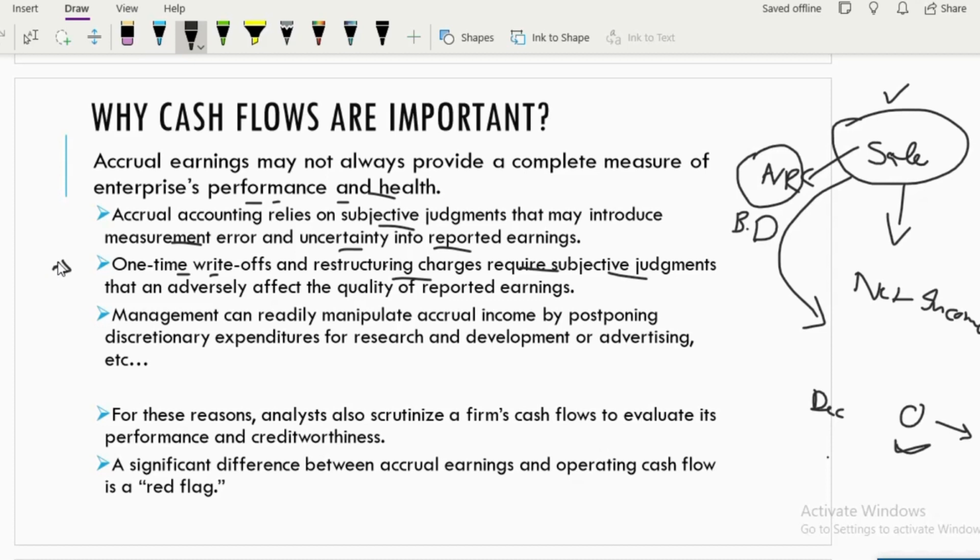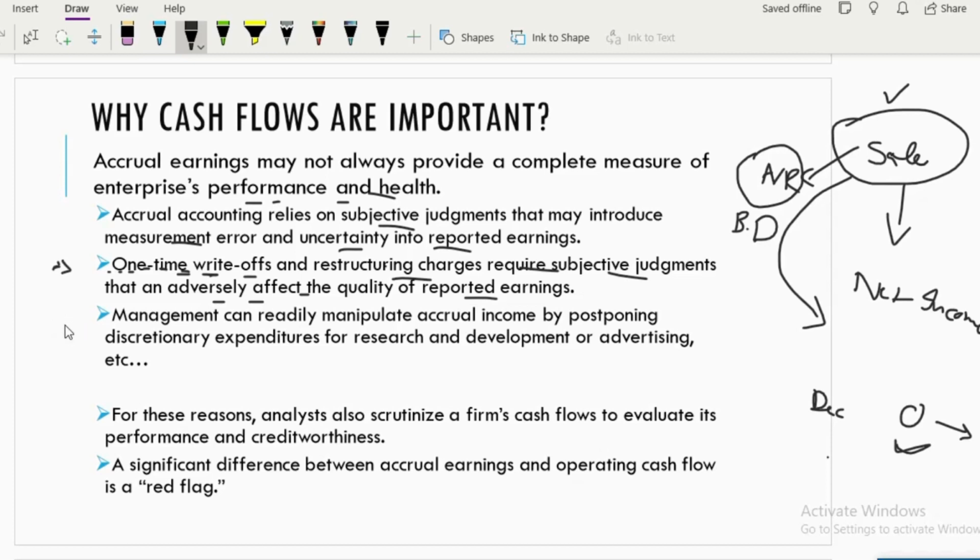But that's one time, that's not continuous. So maybe the current year's income statement is affected because of this one-time write-off, but you are not actually paying anything in cash for this. That's why it is going to adversely affect the quality of your earnings in the income statement. In the income statement you might have huge losses, but the cash flow statement can tell you more detail.